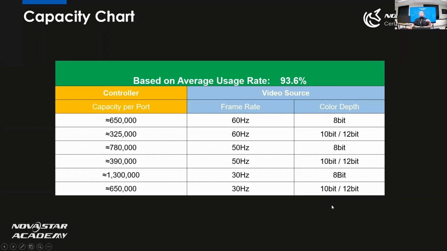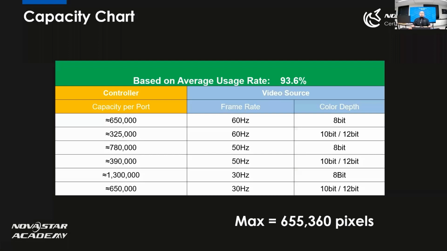So if you want to know how many total pixels you can handle with one output, you can check this form. Hope this form can help you. So the maximum which we mentioned is 650,000 pixels. That is the maximum.